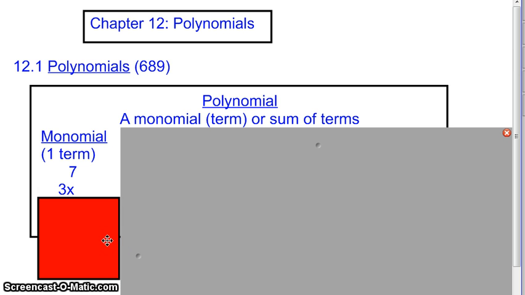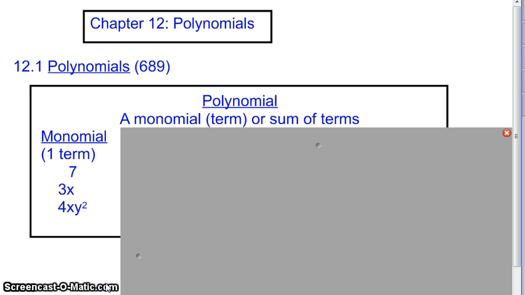It can be really complicated, a little product that's really complicated, like 4xy squared. 4xy squared could be added to 6xy squared, as long as we have the same variable expression multiplied to the number, then we can add them. 4xy squared plus 6xy squared is, what is 4xy squared plus 6xy squared? 10xy squared. Just add them, right?